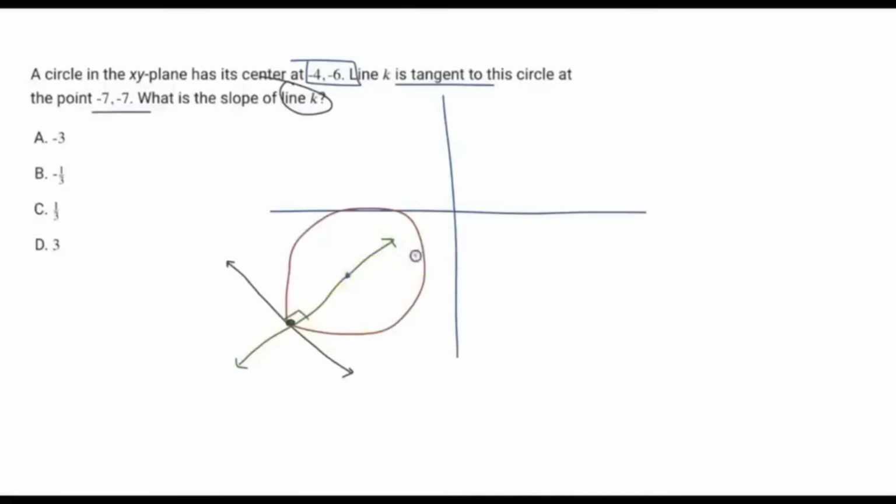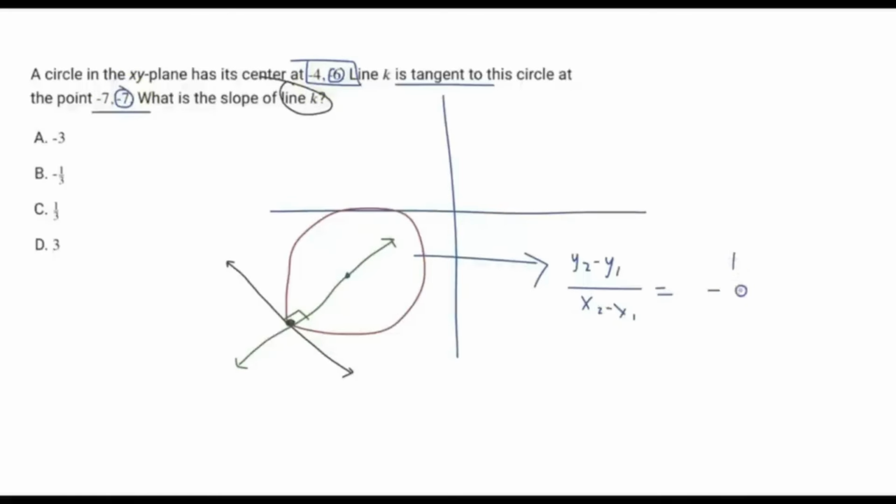So the slope of the green line, let's draw over here, is going to be based on these 2 coordinate points. So the equation is going to be y2 minus y1 over x2 minus x1. And so here, let's just look for the change in y. So we're going from (-7, -7) to (-4, -6). And so the change in y, which is -7 to -6, that's a change of +1.